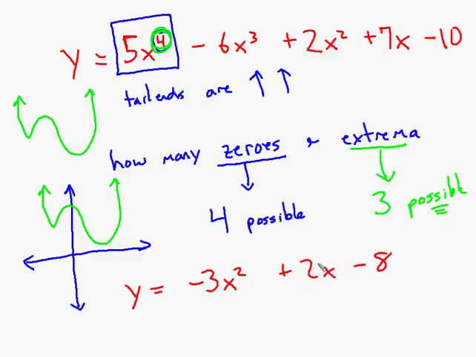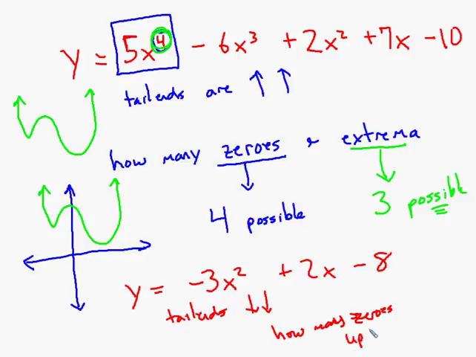Without graphing it, okay, my tail ends are what? What are my tail ends? Going to be down, down. My tail ends are down, down. All right, how many zeros? 2.